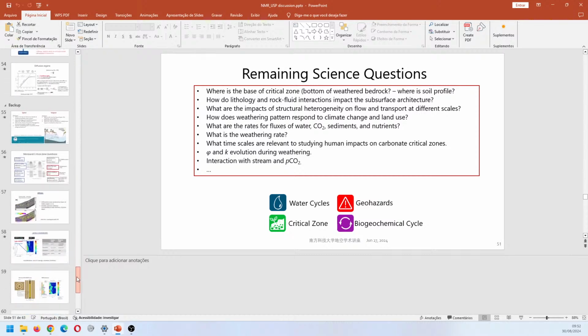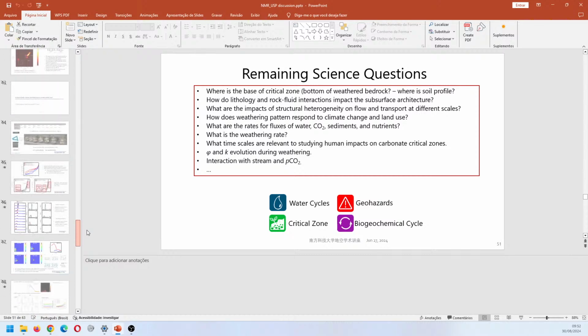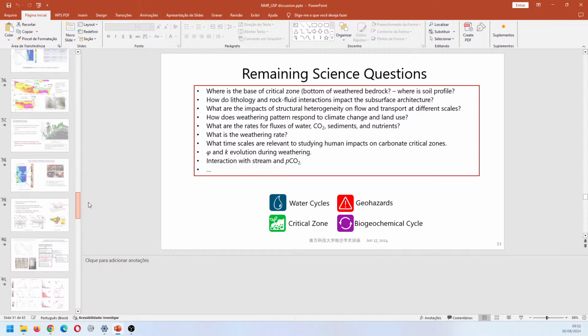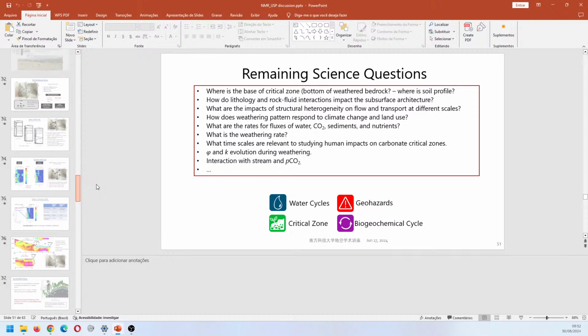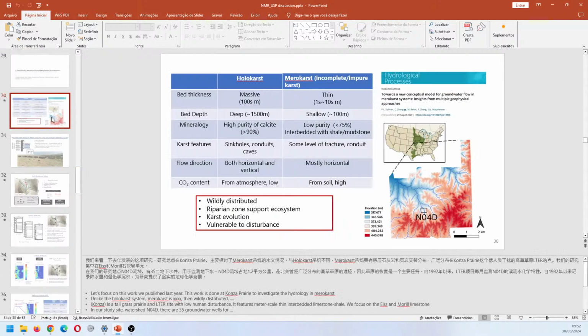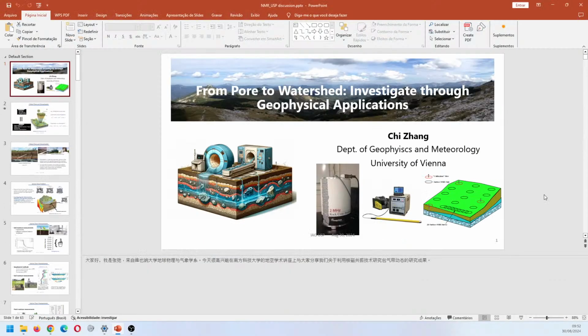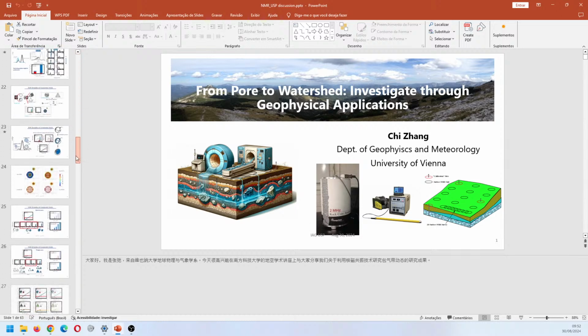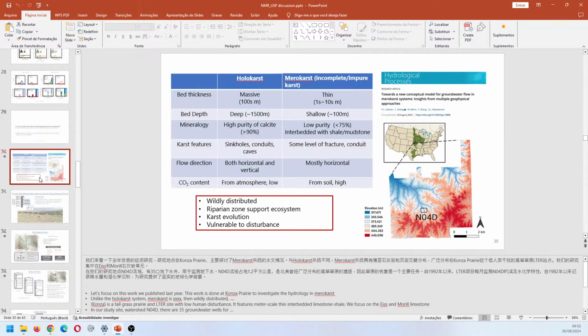Can you go up? Maybe starting from slide 30. Sorry, because of the time constraint, I was not sure if we still had time to discuss this. We don't need to project, just show. Yeah, because it's hidden.